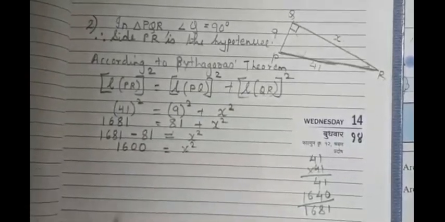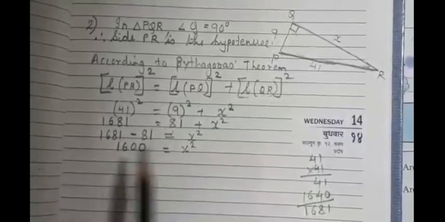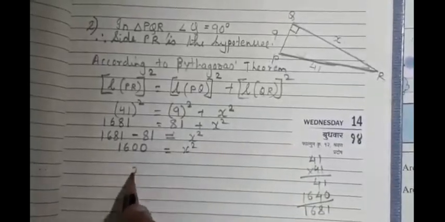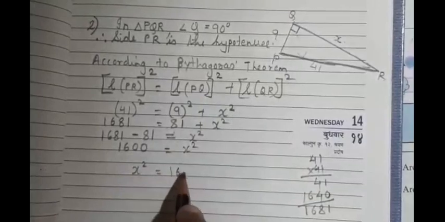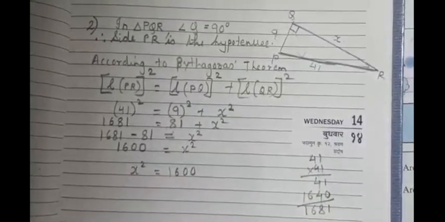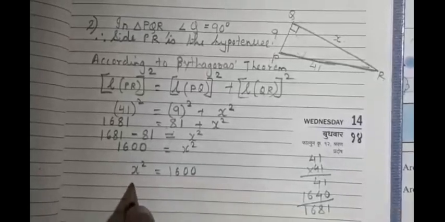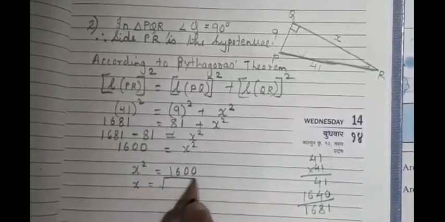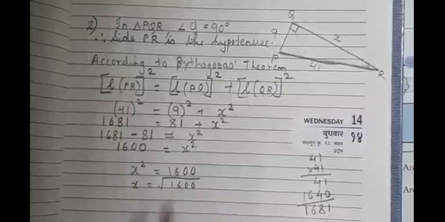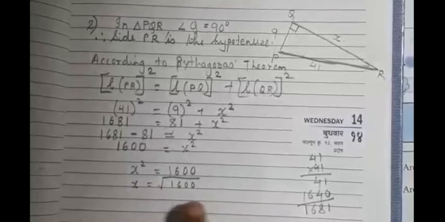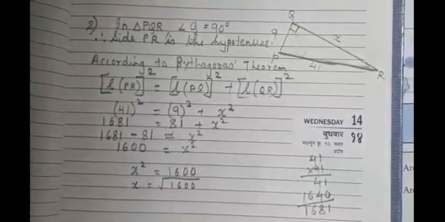Okay. Now what I am doing? X square I will write here, 1600 there. See, x square is equal to 1600. Did you understand what I did? Now, this square if I take to the other side, it will become root of 1600. Yes. Now, don't look at 0, just look at 16.